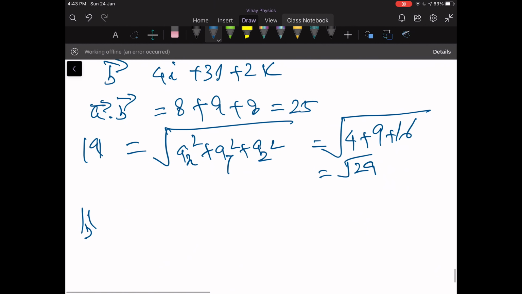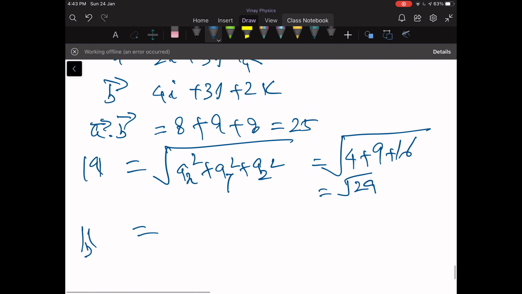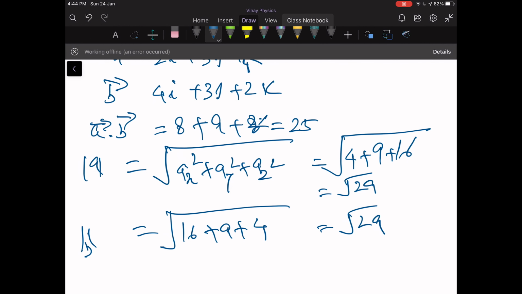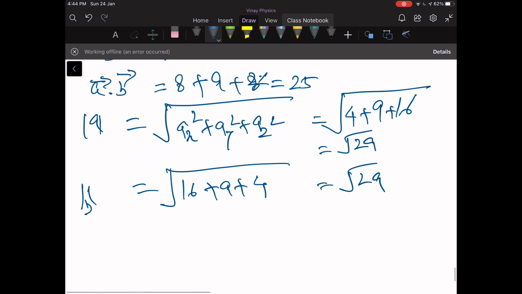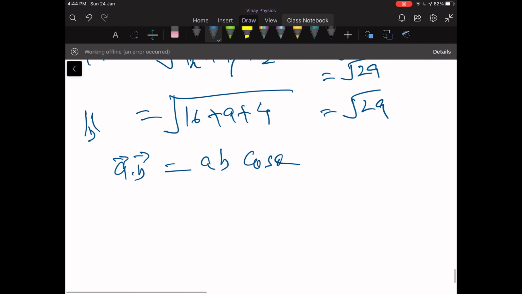Similarly, we have to find the magnitude of B, which is 16 plus 9 plus 4, which is again square root of 29. Now, if you have to find the angle, we know A dot B is equal to AB cos theta.